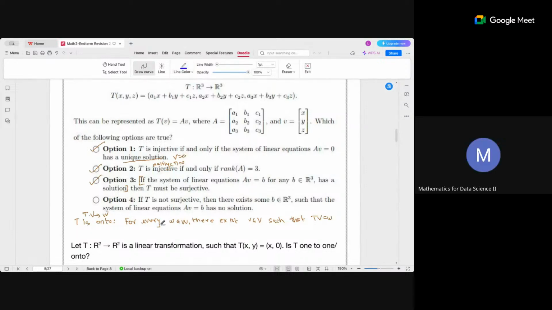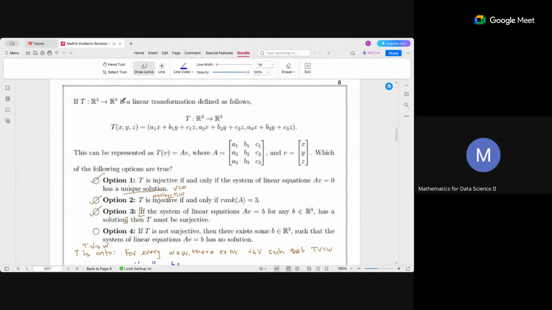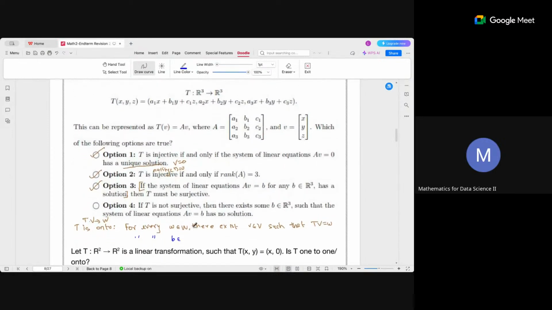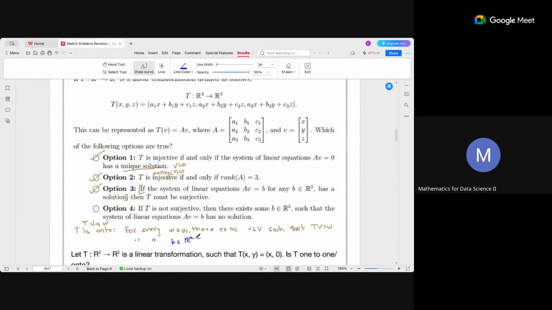Now, instead of this statement, they are saying for every b in R3. So instead of w, they are using b, and instead of capital W, they are using R3. They are saying that Av equal to b has a solution. What does it mean by saying Av equal to b has a solution?